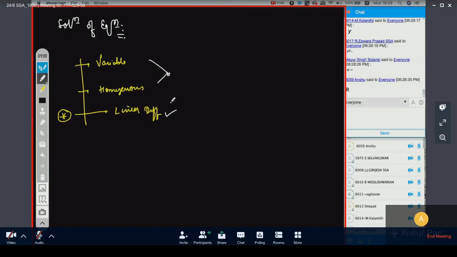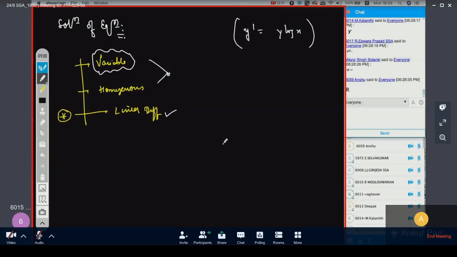Ready? As the names indicate, variable separable: you can easily separate the variables. Like if I ask, y dash is equal to y log x. This is an equation of a family of curves.